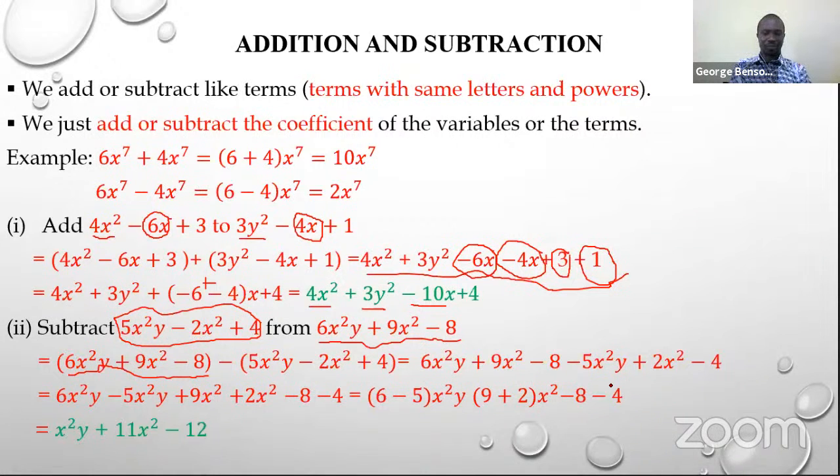That's why we needed to do this first. So it's after this stage that we will now consider grouping like terms. Are you okay? So can we identify the like terms together?